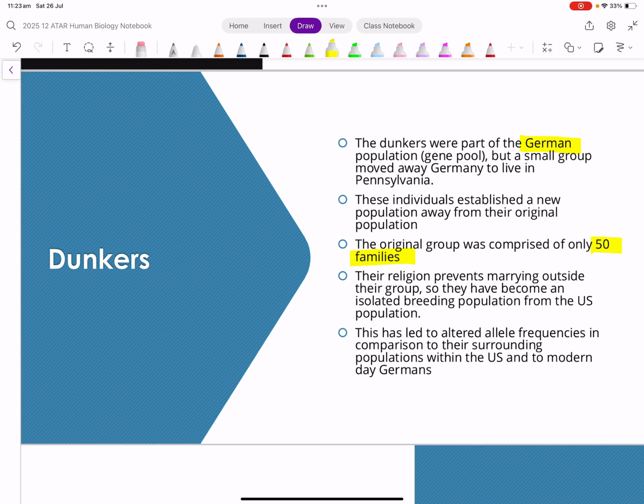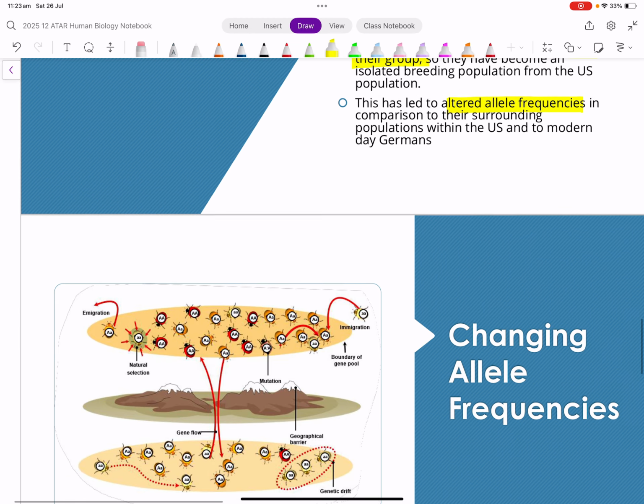Their religion specifically prevented marrying from outside of their group. So we had a large original gene pool, and we have a newly founded group with only 50 families, which is actually quite a small population. That led to inbreeding due to their religious beliefs, and this has resulted in significantly altered allele frequencies when we compare the US Dunker group to the modern-day German Dunker group.